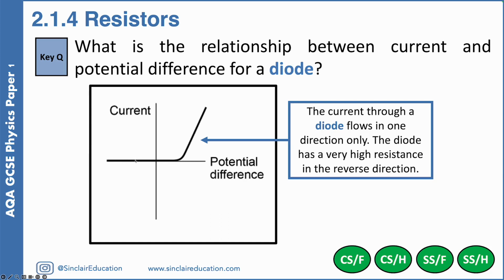Resistance is too high. But eventually, when we get across into the positive potential difference, the resistance will drop enough that we can have current flow, and then it will increase at a relatively constant gradient. But this is not directly proportional because it's nowhere near the origin at all at that point. And remember, that's our circuit symbol for a diode.